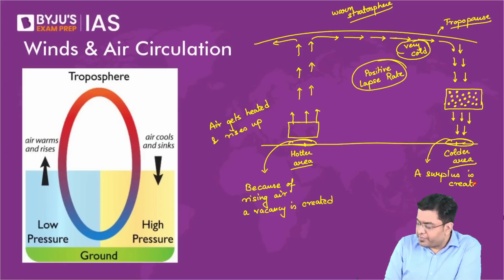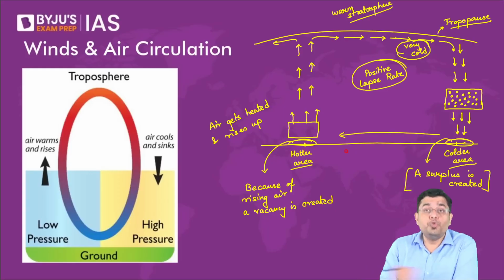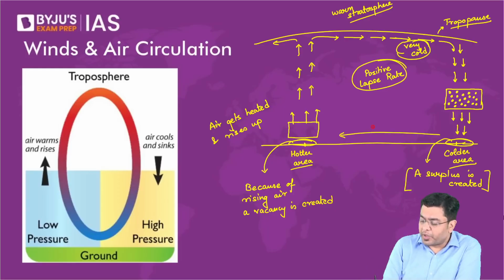So always, if in one region you have a surplus of gaseous molecules and in one region you have a deficiency, there will be a general movement from surplus to the region of vacancy. And that is what we experience as the movement of air, and that is what is referred to as a wind.